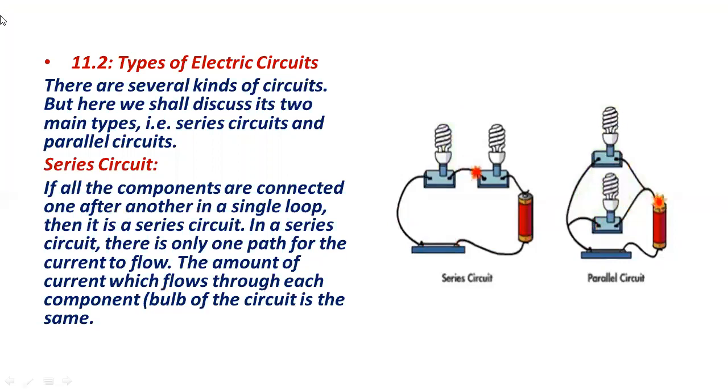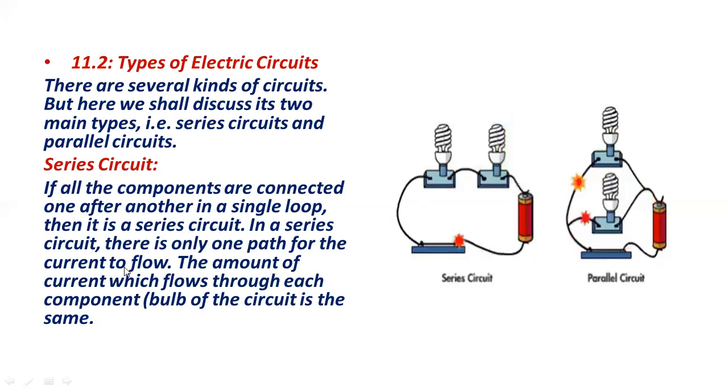If all the components are connected one after another in a single loop, you can see the bulbs, the battery, the switch, even the electric wires, all are connected in a single loop, then this type of circuit is called a series circuit.